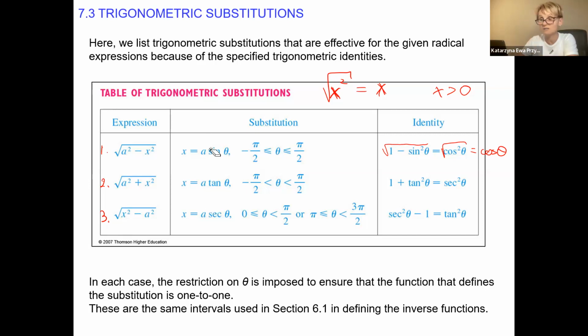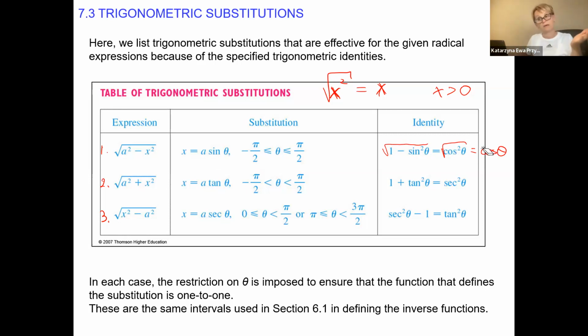Even if we don't have this square root, it will help. Because we can see from the expanded form, we're actually making one function, and that's helpful for the integration.